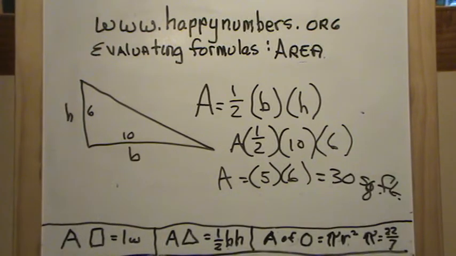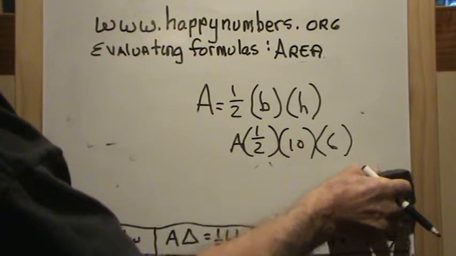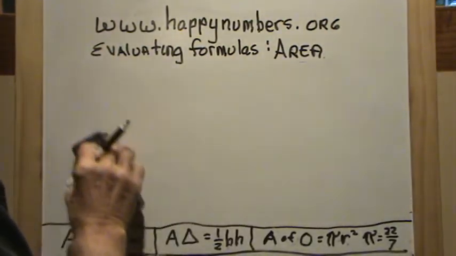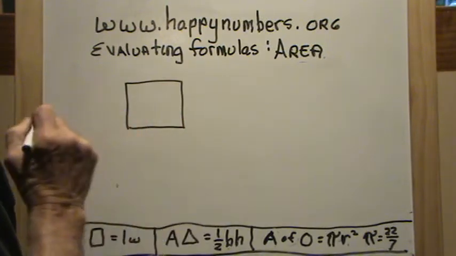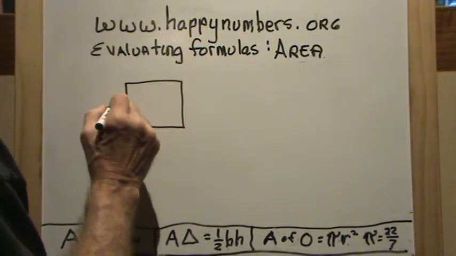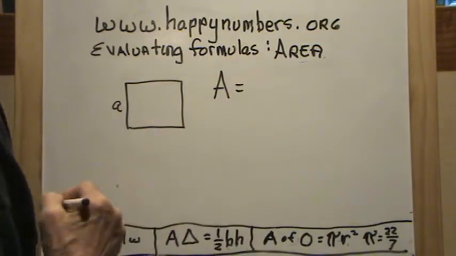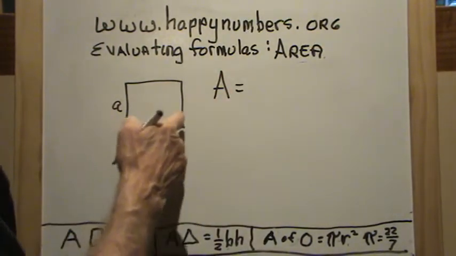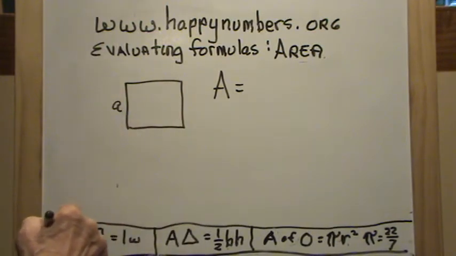And that's all that's to it for the area of rectangles and triangles. Of course, you know the area of a square. A square, let's say the side is A. The area of a square, well, every side of a square is the same.